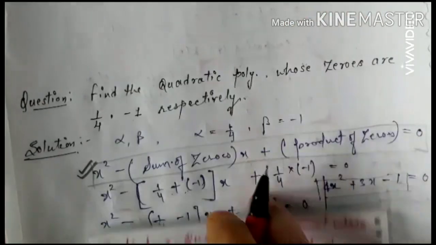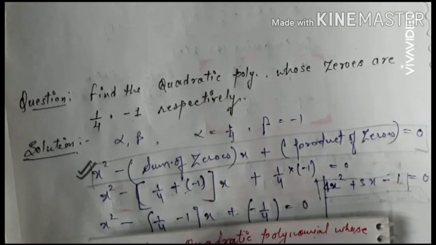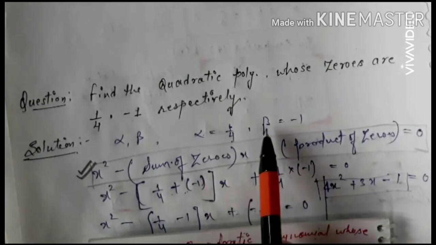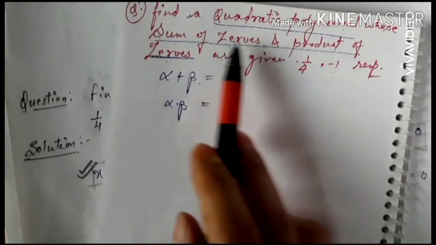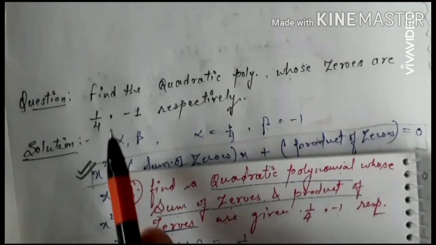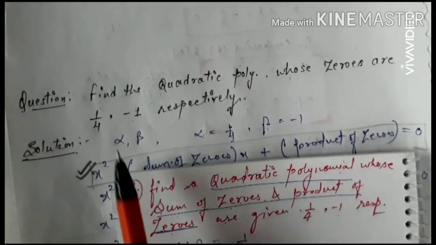What is the change in this question? You have to find a quadratic polynomial whose zeros, here the zeros are given, that means alpha and beta are given. But in this question the sum of the zeros and the product of the zeros are given. We have taken the same digits, 1 by 4 here, 1 by 4 here, and minus 1 and minus 1.